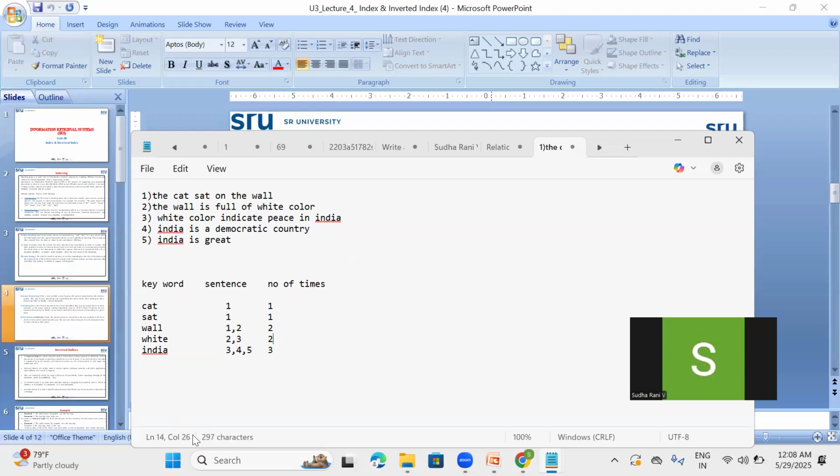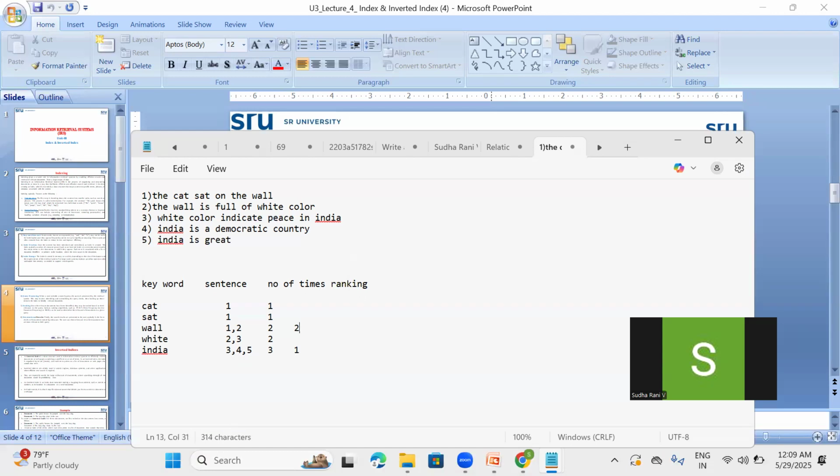Clear? So if you see here, it is clearly understandable what the ranking system is. Cat, sat, it is only 1 time. Wall, white 2 times. India 3 times. So here take one thing as ranking. Which word is indexed more number of times? We can give ranking 1. And the next level we can give is rank 2.